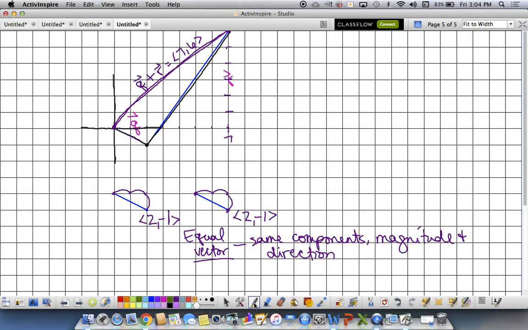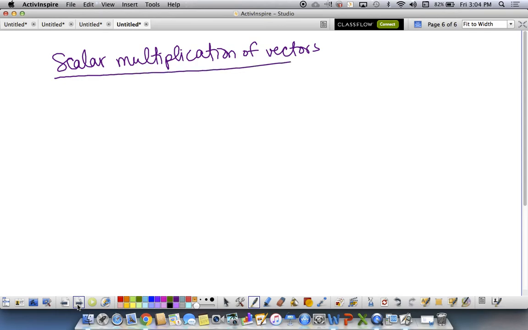I believe the last definition that we have is for scalar multiplication. Now, what was scalar again? What did I tell you? Right, it was just a number. So scalar multiplication of vectors.